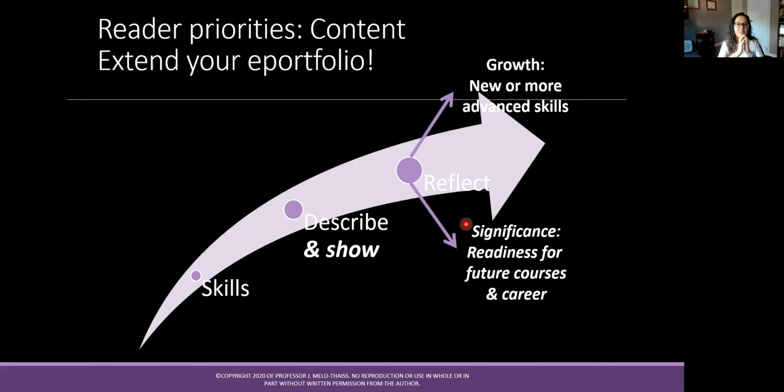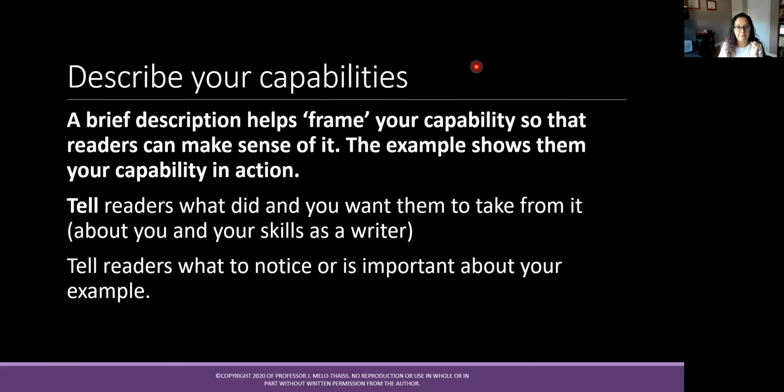You're ready to take, say, the academic skills you've sort of mastered in your degree to the next level. So that's why that reflection portion is so important. It shows your ability to grow as a person, as an employee, as a lifelong learner, and so on. So remember, this is about showing and making clear the value that you bring to your audience.